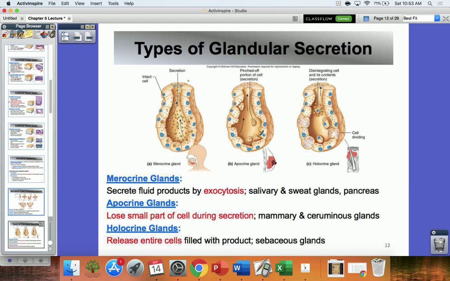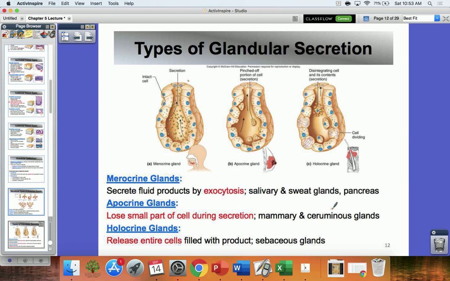So if you notice here, part of the cell is being pinched off, and it's coming out of that gland. So this is like mammary or ceruminous glands, which are earwax glands, those modified sweat glands that we'll talk more about in the integumentary system.